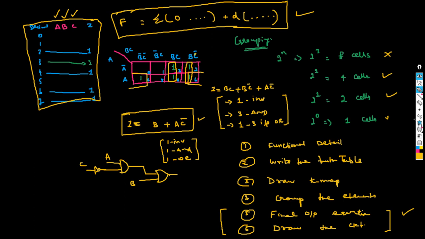Okay, all right. I'll give you a quick problem. Let's do it with four variables. Let us say f is equal to the sum of 0, 1, 2, 3, and then 8, 9, 10, and 11, plus d, which is the don't care: 12 and 13.